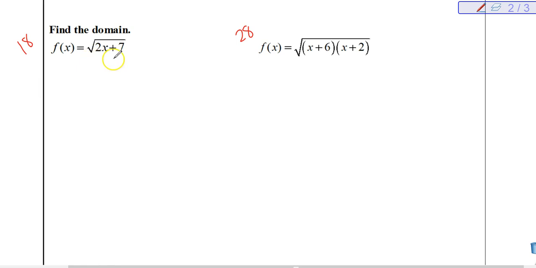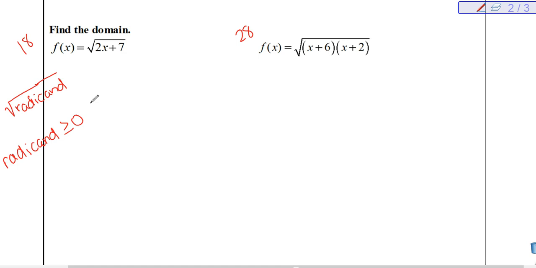This is a square root. There are certain numbers that are restricted from being under a square root; the number right here is called a radicand. What numbers do we not put under a square root? Negatives. So our radicand has to be greater than or equal to 0. 0 or positive numbers are okay for our radicand, but we can't have any negatives.